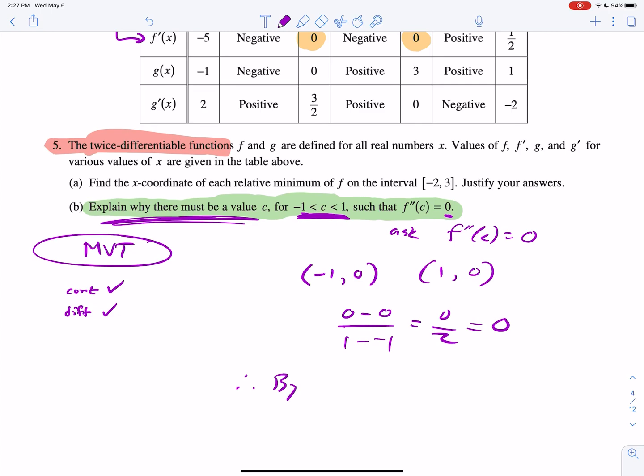Therefore, by MVT, there exists a C somewhere between -1 and 1 such that F double prime of C equals 0. You'll start to notice that the structure of the statements are going to be very, very similar. Okay, let's keep going.